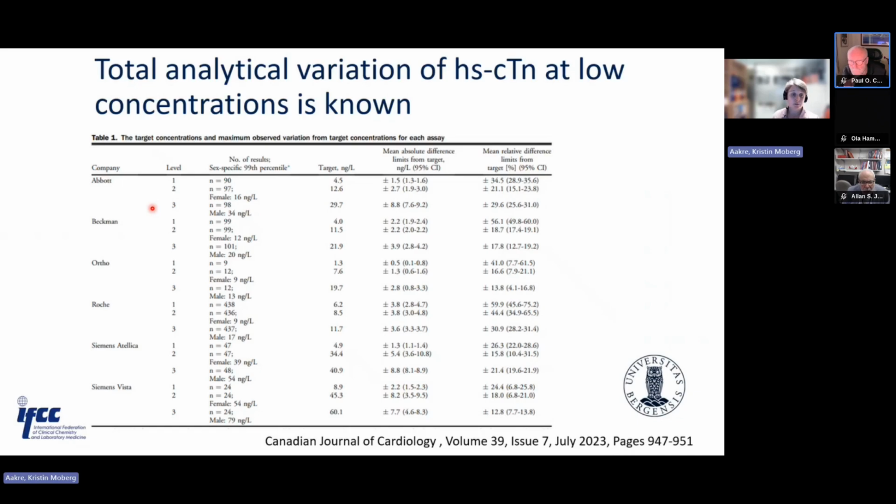They sent these to more than 35 laboratories in Canada and had them measured monthly for 12 months. And based on that, they could calculate the target values for the different troponin assays at the different pools, and they could calculate the deviation, the measurement error at those concentrations. Absolute deviation here and relative deviation here. So we know how large the analytical error for troponins is in real life, which is very useful data.